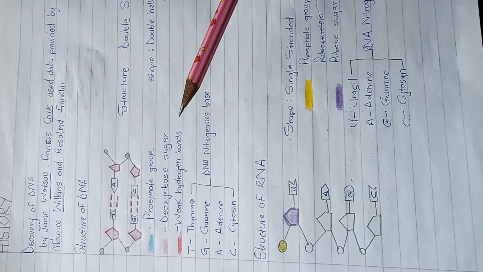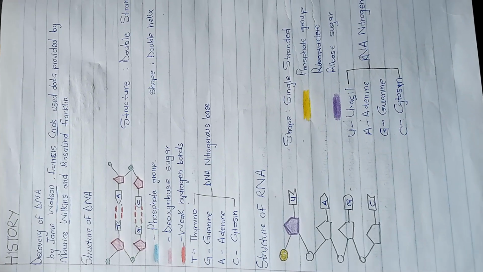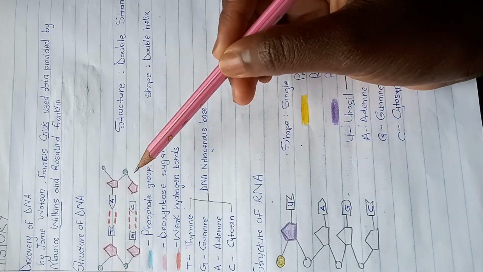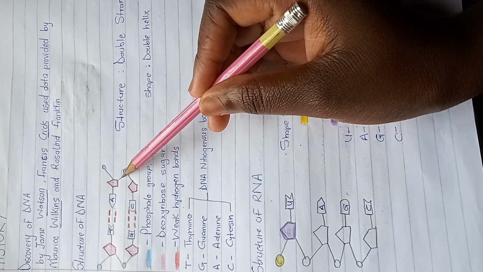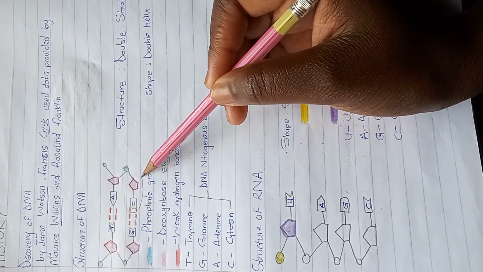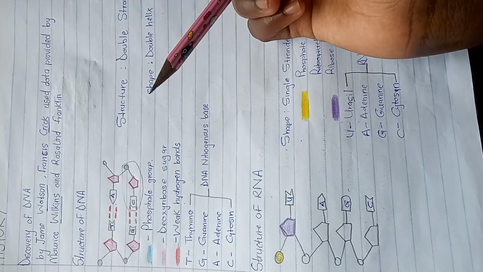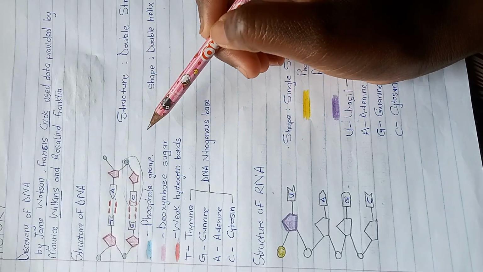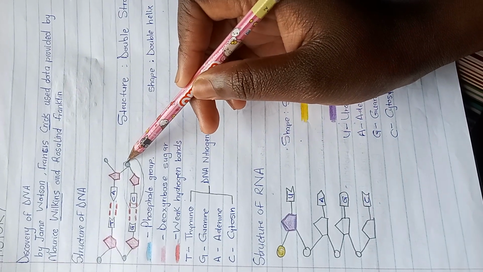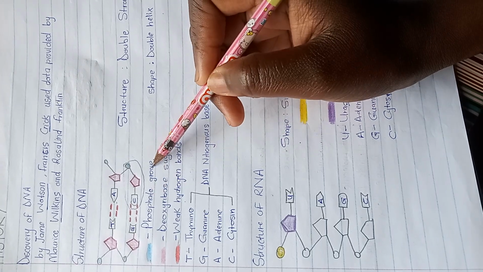Now, I made a little key there because I want us to know a small structure that is called the nucleotide. The nucleotide is this little structure here, all together like that. This small circle here is called the phosphate group.